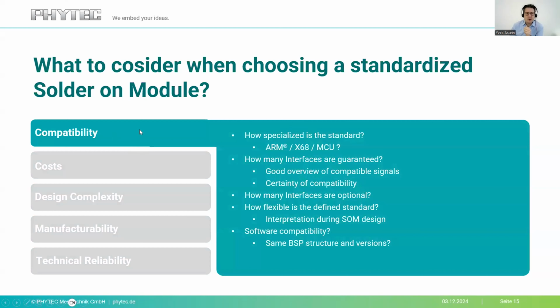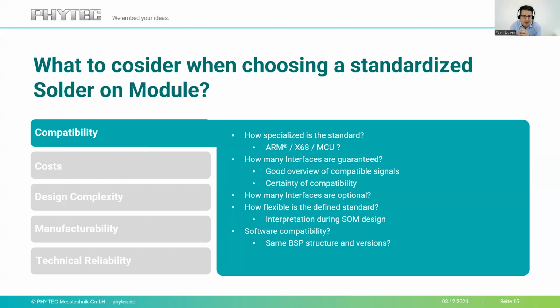So when it comes to compatibility, it makes sense to look at what the standard is trying to cover, which kind of architectures it is covering. If it's trying to cover a lot of architectures and it's not specialized for a certain architecture, there might be compromises created for this pinout.